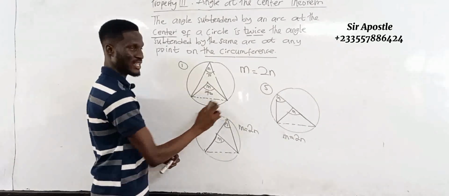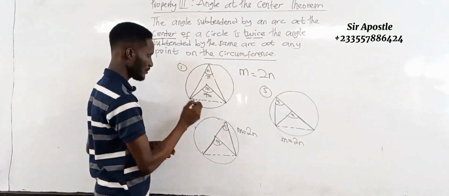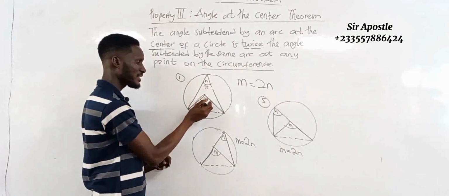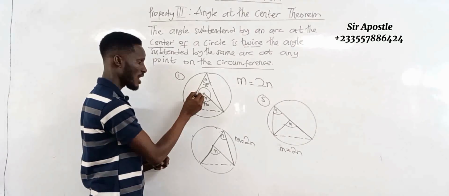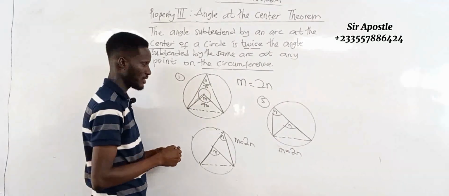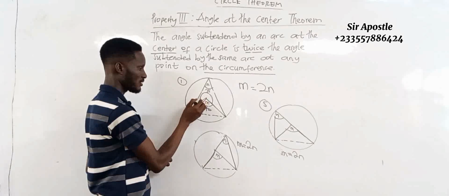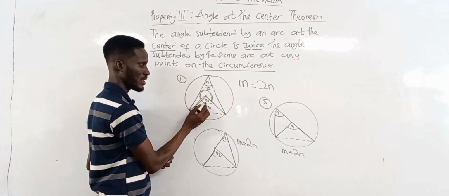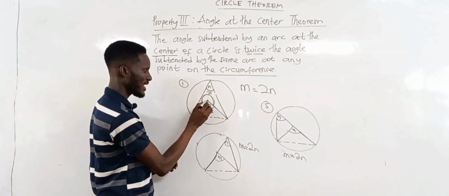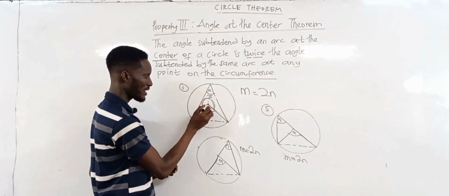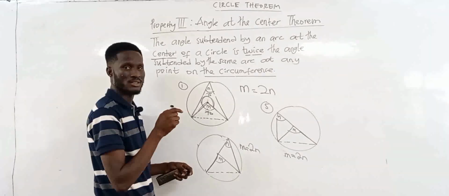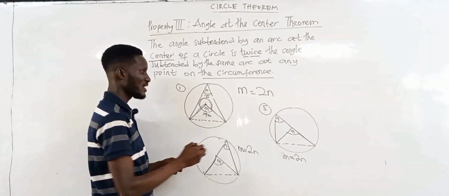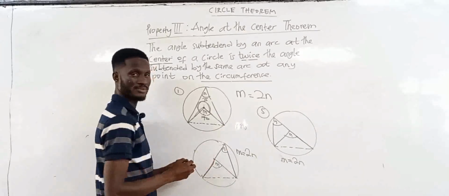Now when we take this particular diagram, the angle is formed here, but when I bring another angle here, this one is a reflex angle. It's a reflex angle for this one. Now, when it happens like that, these two angles are angles at a point from plane geometry 1, and angles at a point add up to 360 degrees.